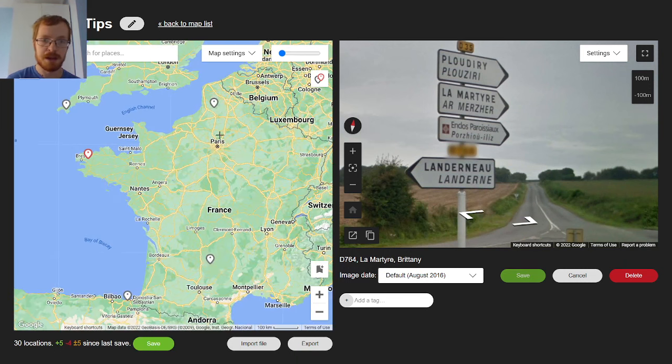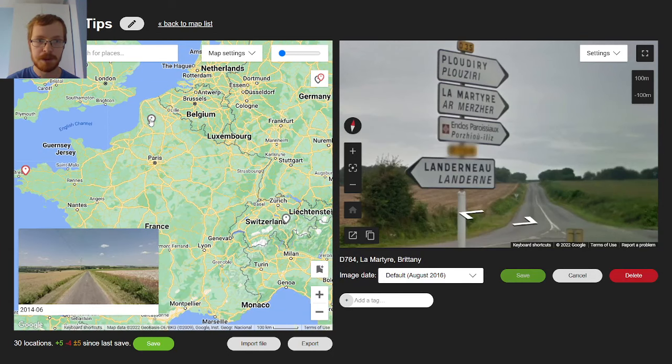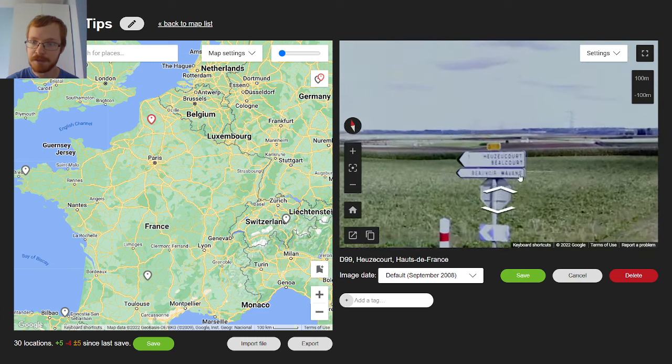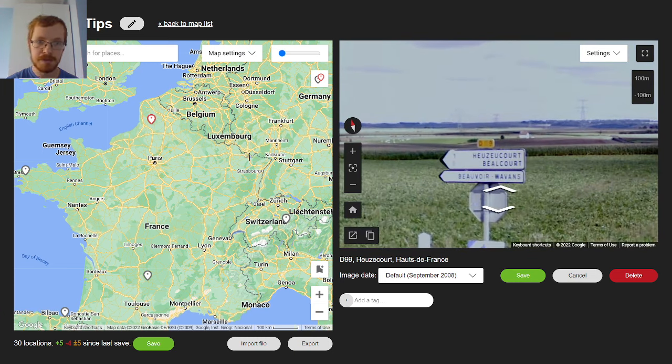Moving more inland in France, in the northern parts of France, you tend to see certain suffixes like ville, and the other one on this image is court. So if you see a ville or a court, you are generally in the north and northeast of France.